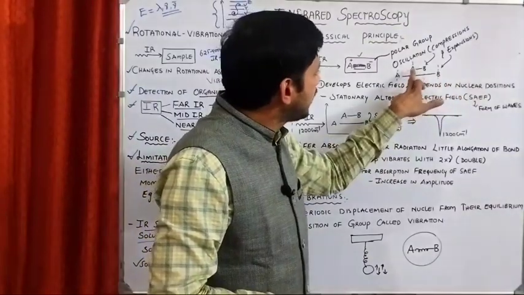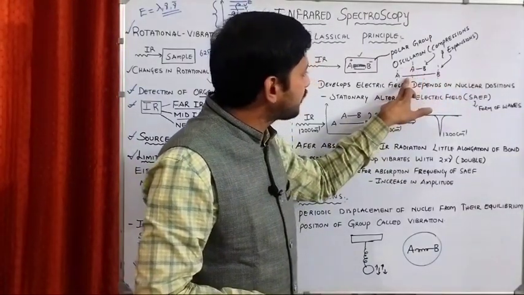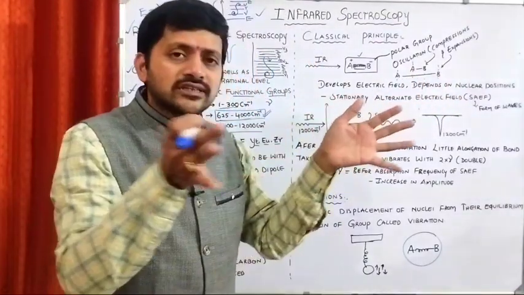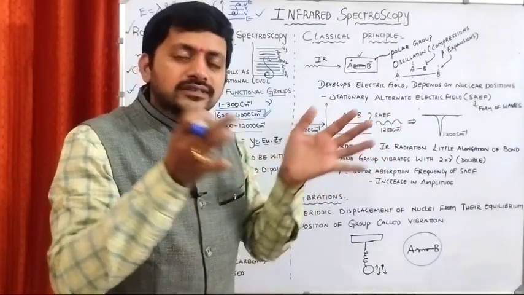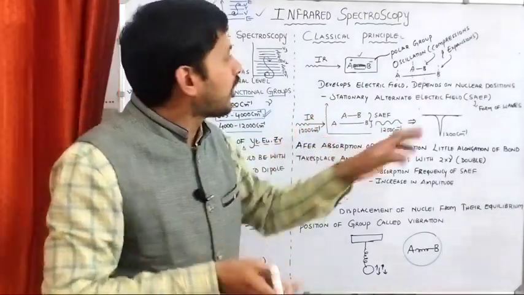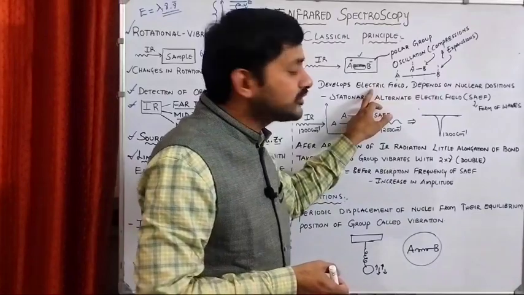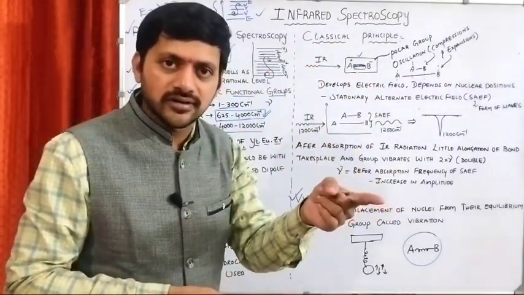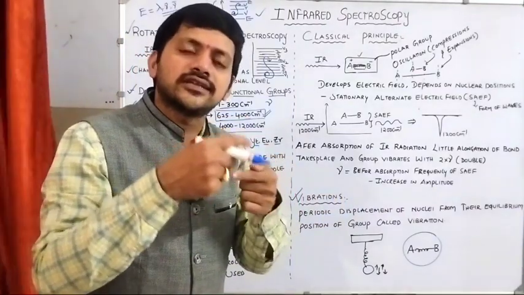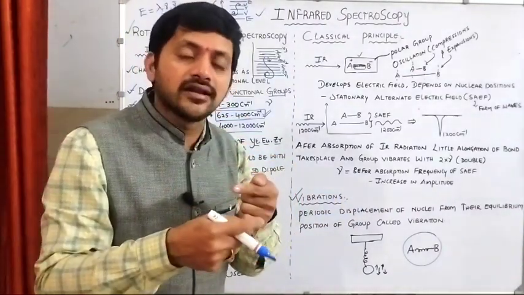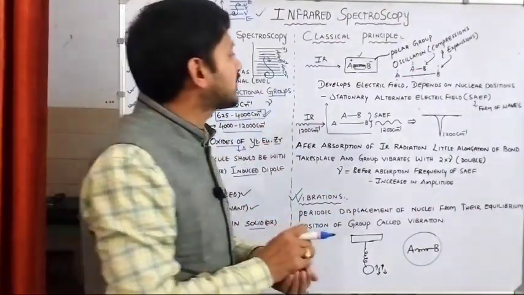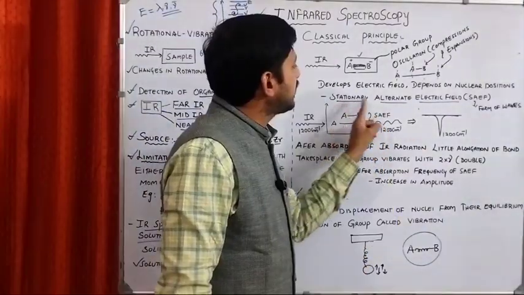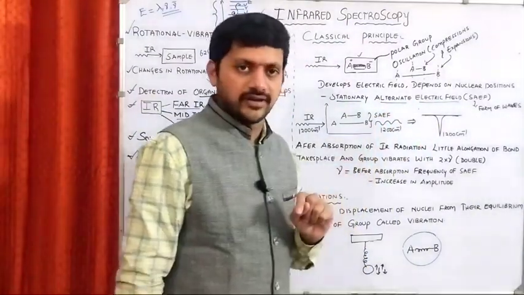In case of compression and in case of expansion, the nuclear positions are changing. Once the positions change, the strength of the produced electric field changes. Because of this change in strength, the produced electric field is commonly called a stationary alternate electric field.